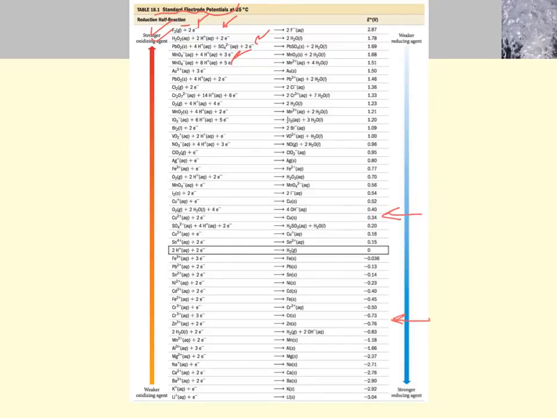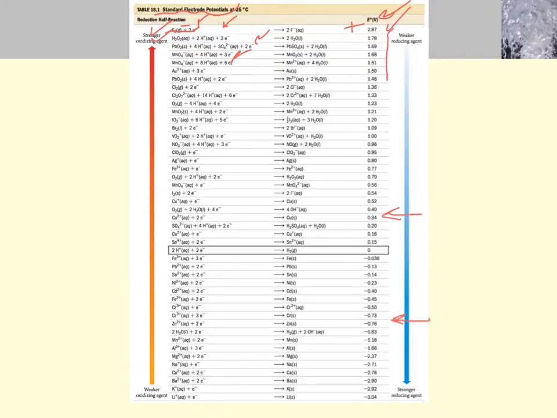Now, how you can tell whether they actually will get reduced or oxidized in a reaction is by looking at the electromotive force, the voltage. So fluorine getting reduced, adding electrons, has a positive electromotive force, 2.87 volts. Anything that's positive is spontaneous, okay? It will happen. So fluorine definitely likes to be reduced.